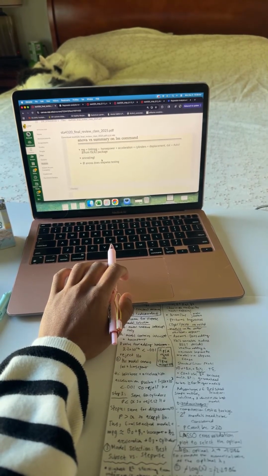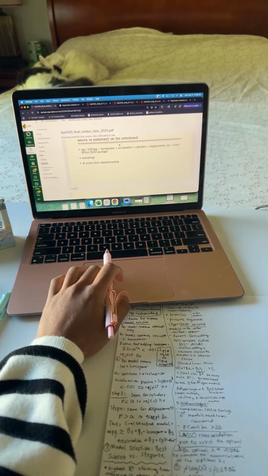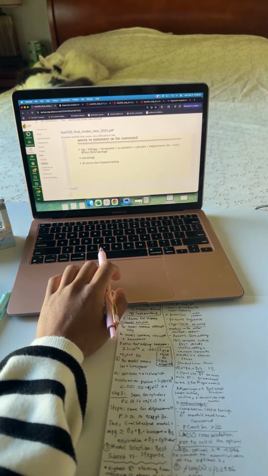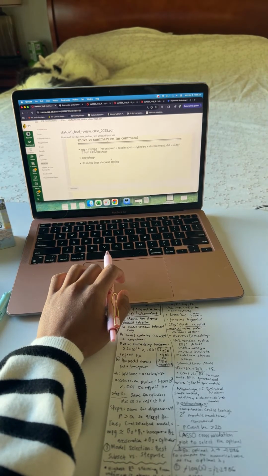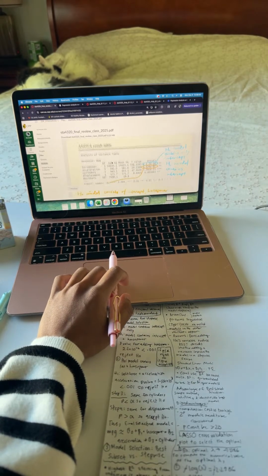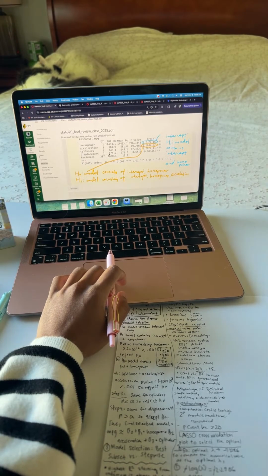ANOVA versus summary on LM commands. So ANOVA does stepwise testing, and summary. So this is ANOVA doing stepwise.